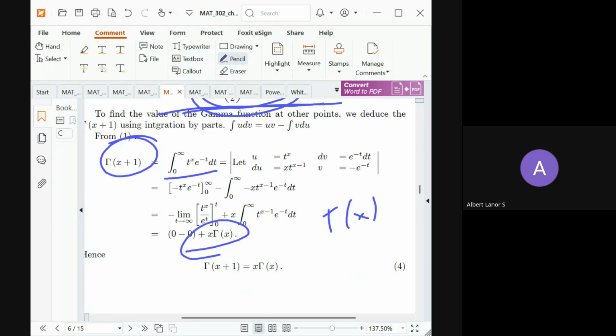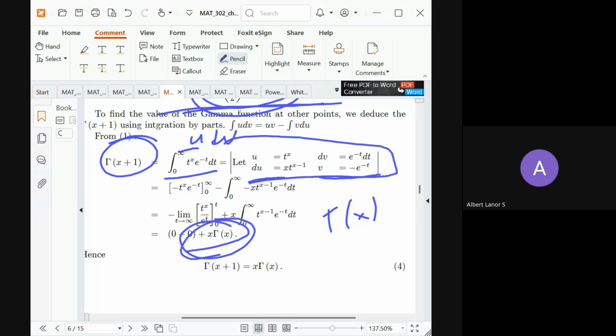I'm not going to go through it. So in integration by parts, you keep one of them to be u, the other one to be dv. Then you differentiate the du and you integrate the dv and substitute it in, so that when you simplify, you have x gamma of x.